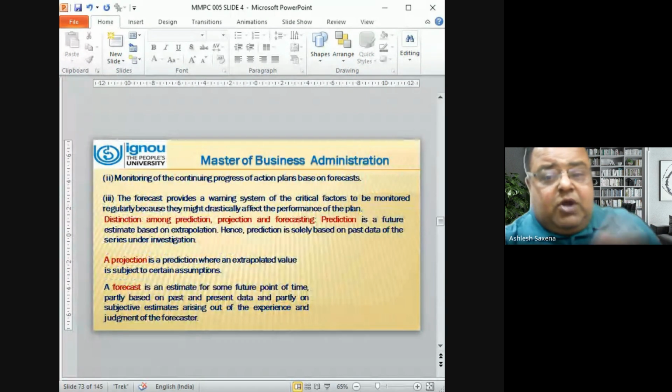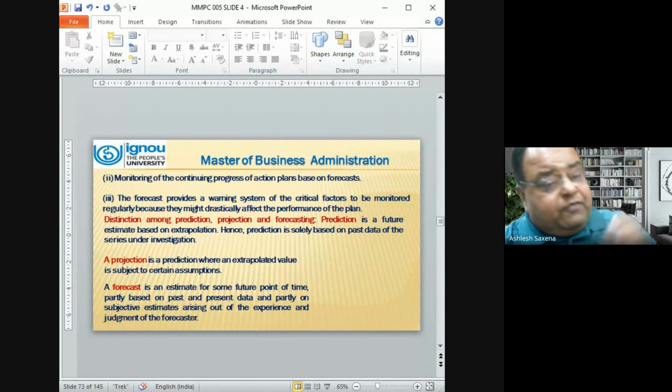Second one is monitoring of the continuing progress of action plan against forecasts. And the third one is that the forecast provides a warning system of the critical factors to be monitored regularly because they might drastically affect the performance of the plan.